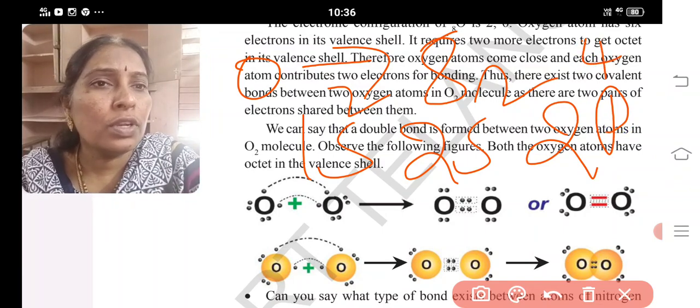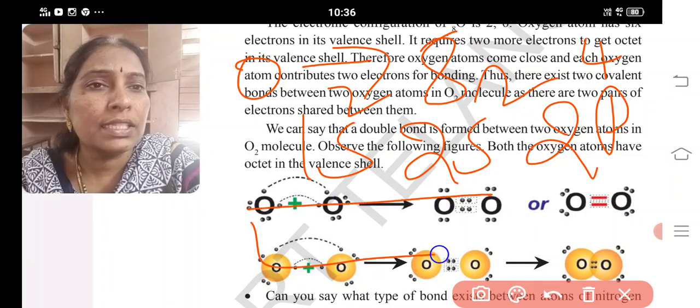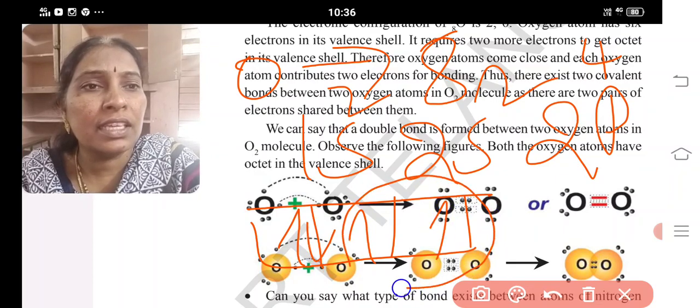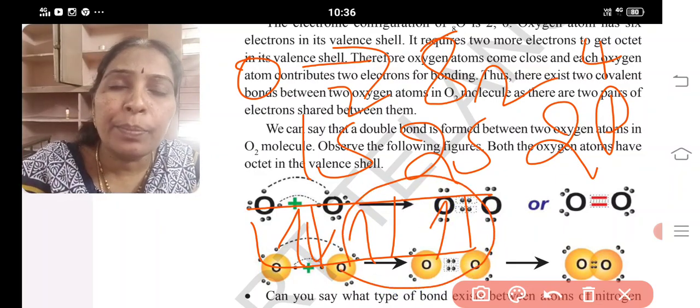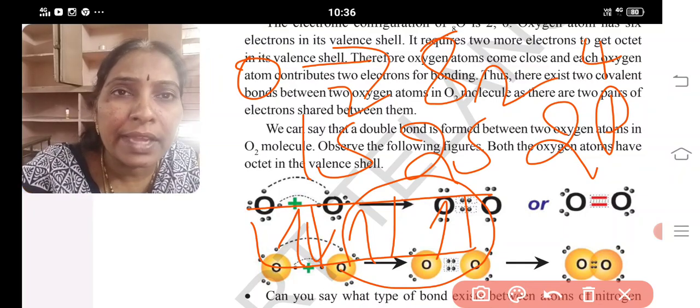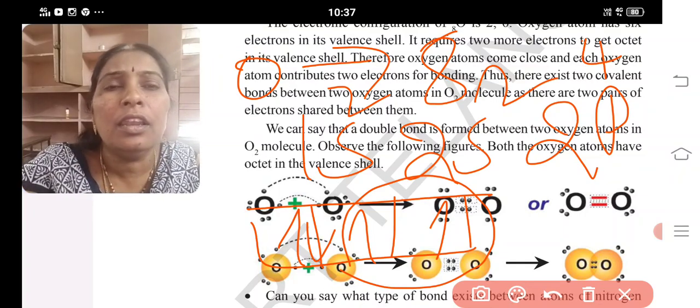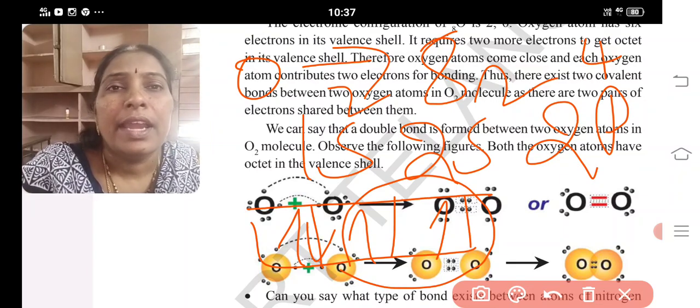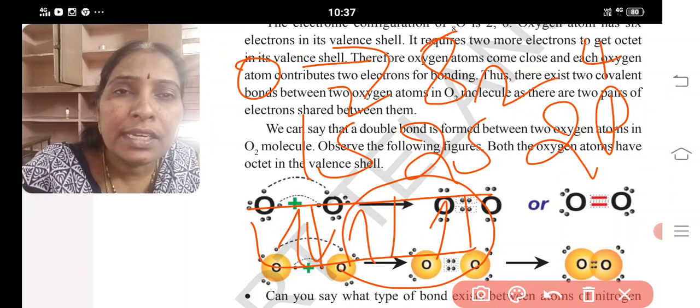In these 4 p orbitals I am showing here, 1, 2, 3, 4. How many unpaired electrons are there? 2. It means these 2 unpaired electrons are ready to participate in a chemical bond. It combines with another oxygen and forms an octet state.